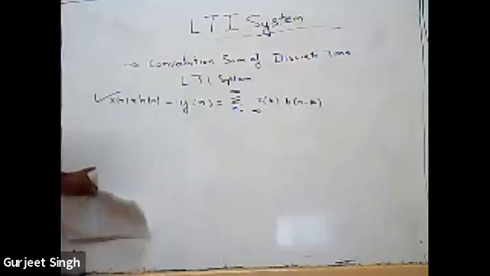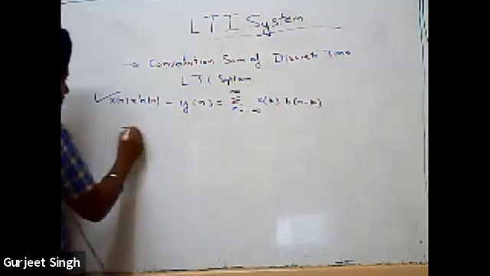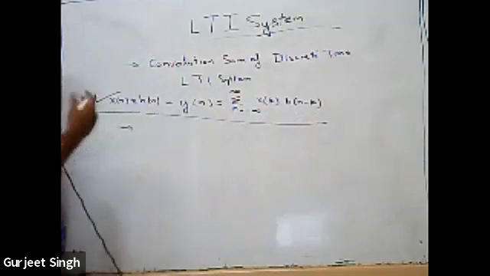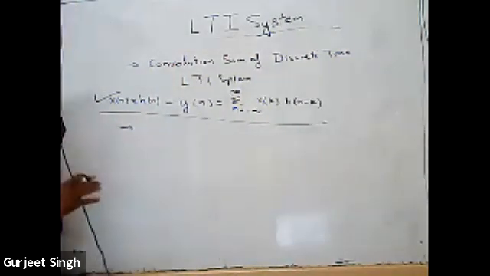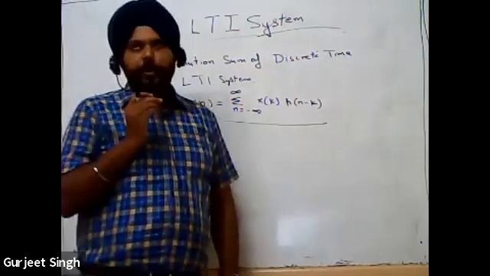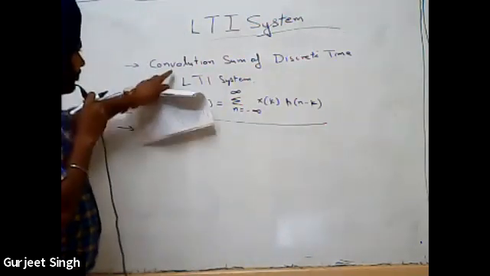In this lecture, first of all, we will discuss the properties of this LTI system, basically the convolution sum of the discrete time LTI system. In our subject, digital signal processing, we discuss the convolution sum in discrete time.